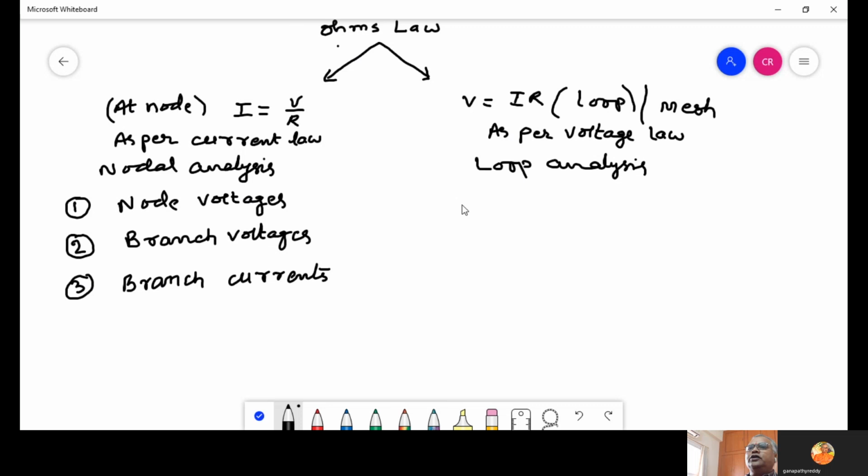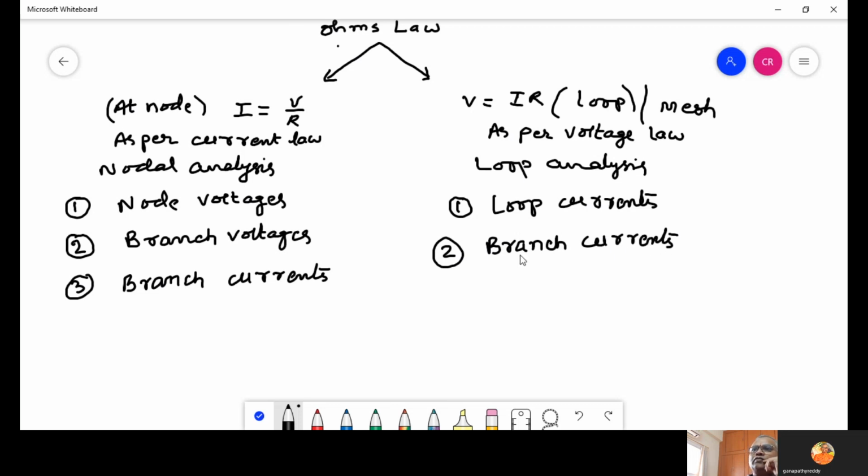Whereas in loop analysis, we first get the loop currents. From the loop currents, we can find the branch currents. From the branch currents, the branch voltage.